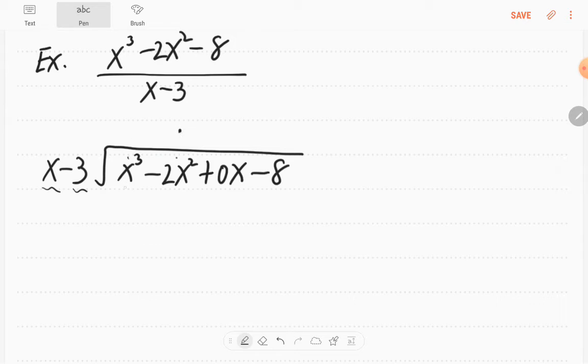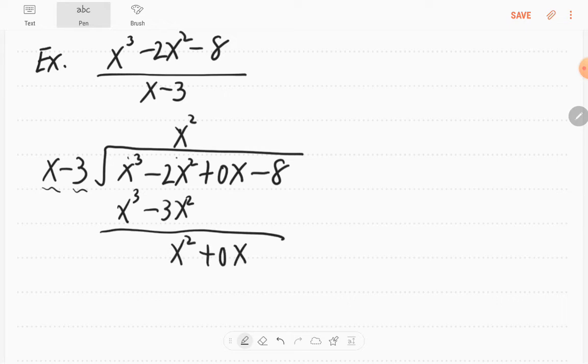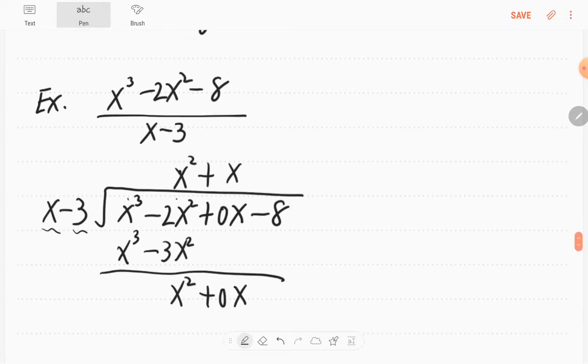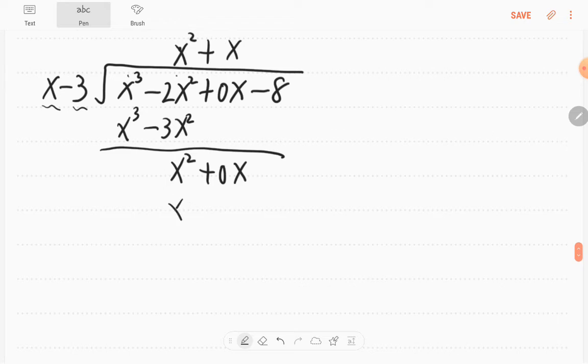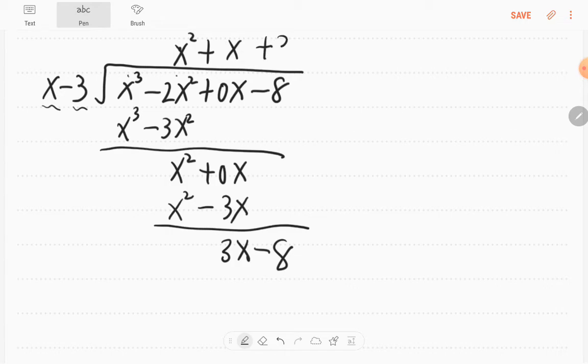We start from here. To make x cubed, we multiply by x squared. So x cubed minus 3x squared. Take the subtraction, it becomes positive x squared plus 0x. To make x squared, we multiply by positive x, so this is x squared minus 3x. Subtracting, it becomes 3x minus 8. To make 3x, we multiply by positive 3, so 3x minus 9.